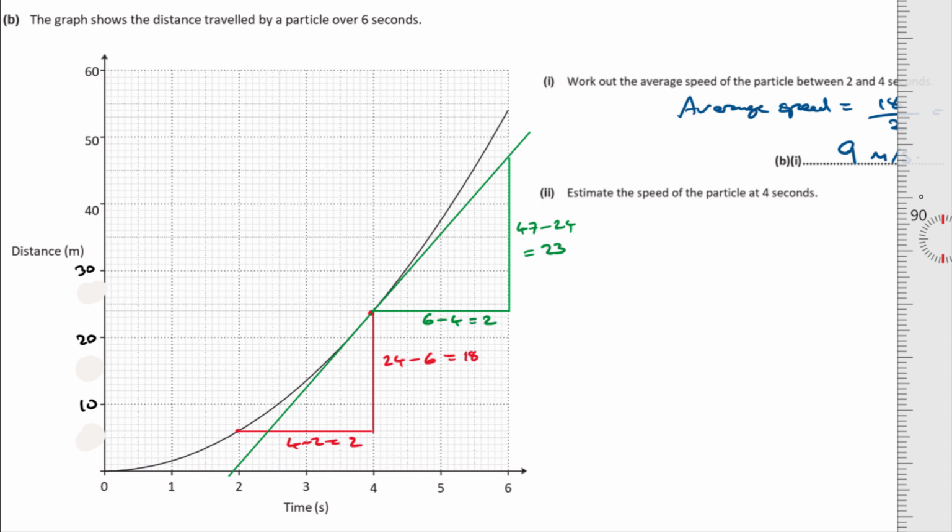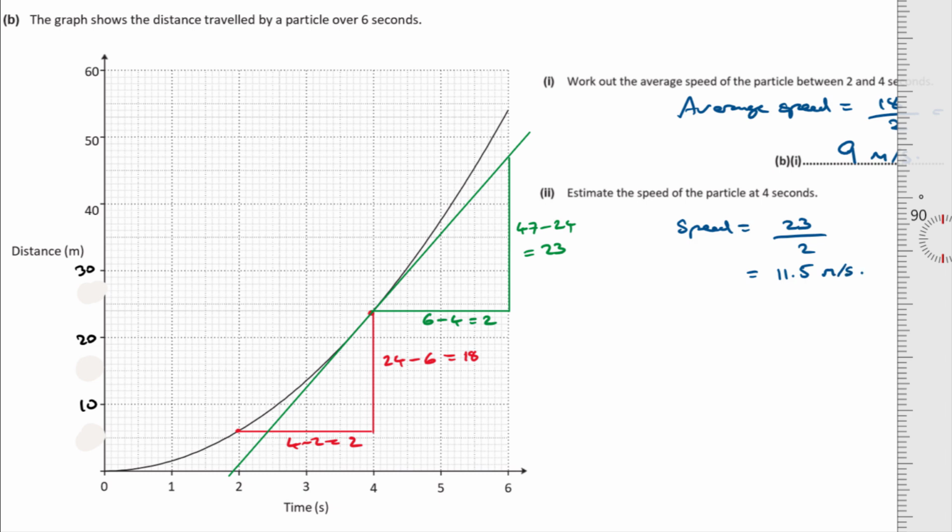Okay, so I'm going to estimate the speed to be distance traveled 23 over time taken 2. I'm going to estimate that as 23 over 2, which is what? That's 11.5 meters per second.